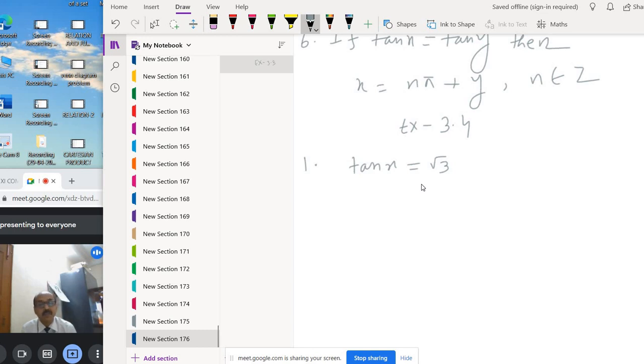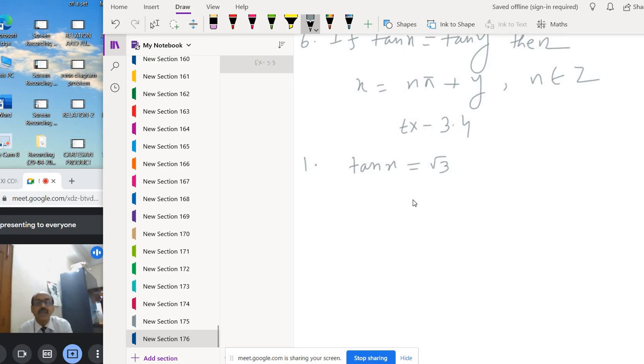So when it is positive, which quadrant is tan positive? First quadrant and third quadrant.